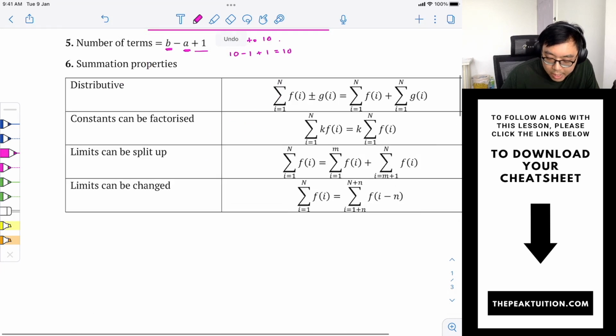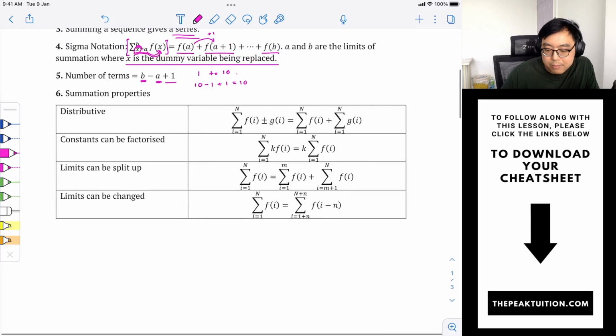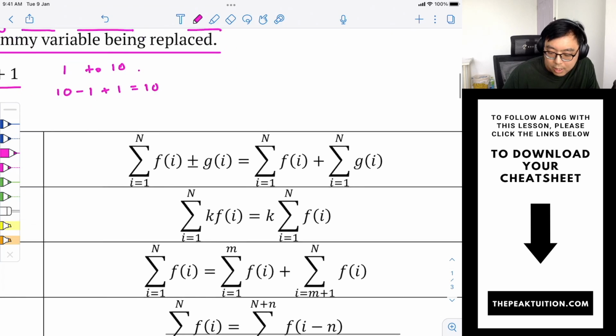Okay. For sigma notations, there are some properties. They are distributive. What this means is that when you have two summations that are added up within the summation, you can actually break them up and sum them up first. For example, say we have the sum of xi plus yi, with i equals 1 to n.